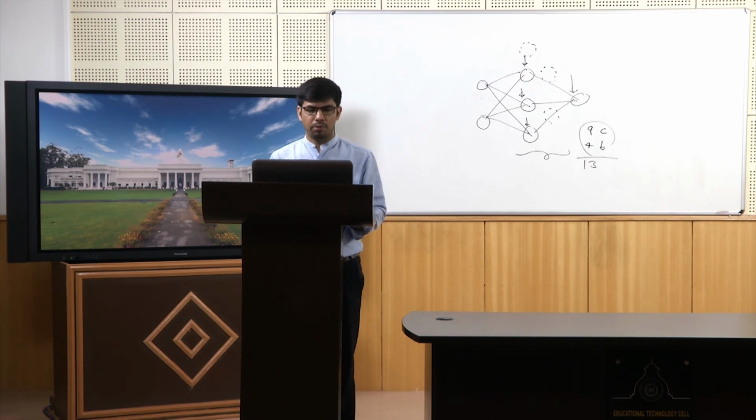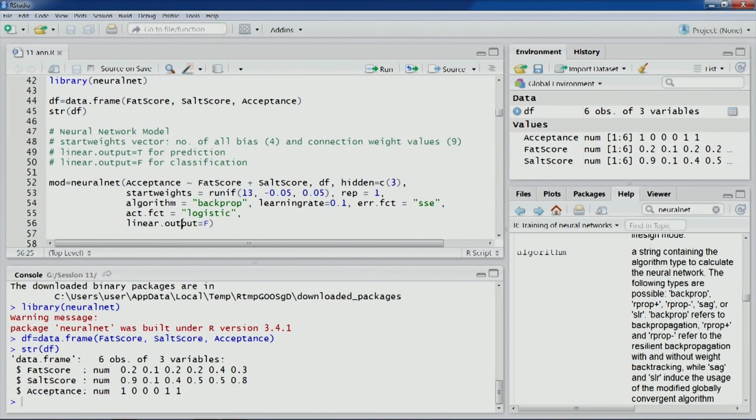As we talked about different alternatives, logistic is the most popular, so that is being used here. Then as we talked about in the previous lecture, linear.output is the argument that is to be specified as false if we are building a classification model, and if we are building a prediction model, then this has to be specified as true. So let's run this code.